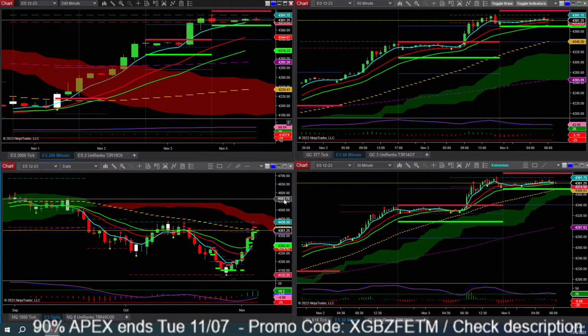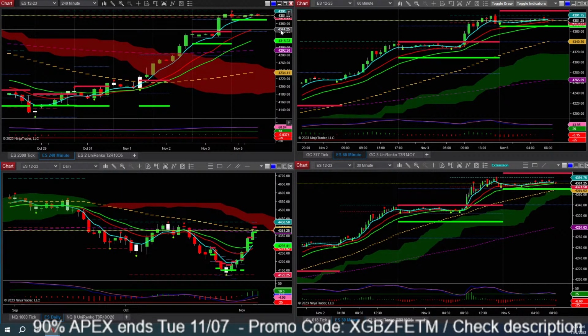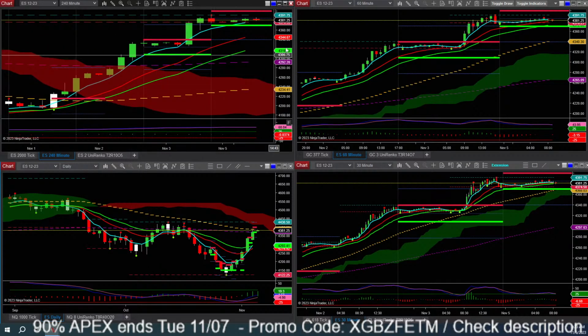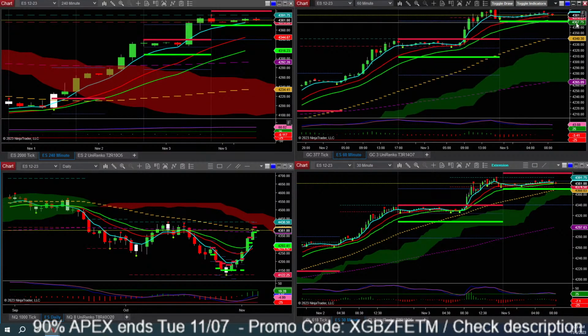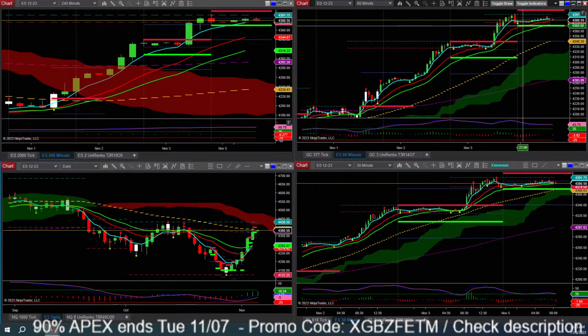All right. So let's go with ES. So ES, I was saying that it's bullish. It's a little bit extended, I would say, in the 240 minutes, going sideways. Be careful today. In the hourly as well, bullish to sideways.